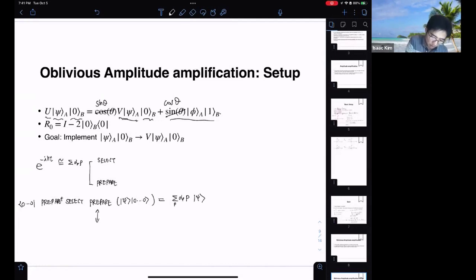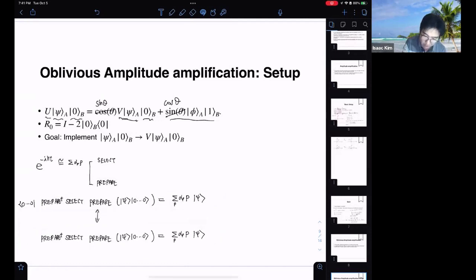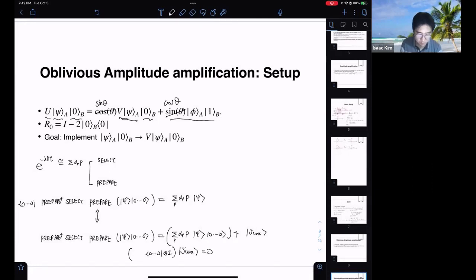And this is exactly equivalent to saying that this is actually equal to this state plus some, let's call this a junk state, where if you compute the inner product between this 0 state and junk, this is exactly equal to 0.